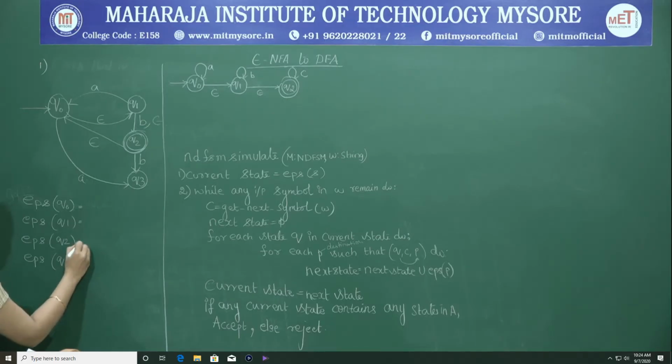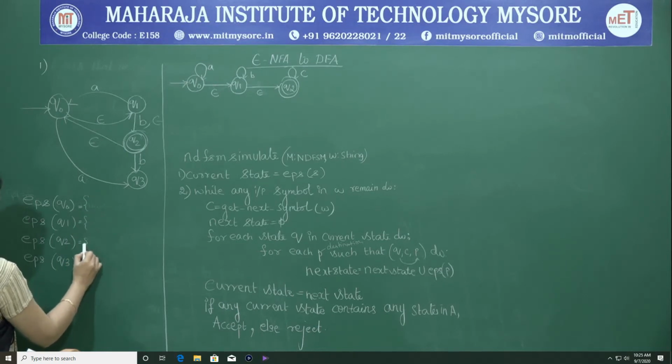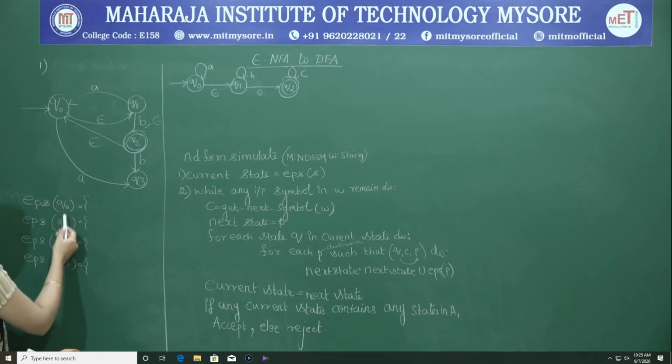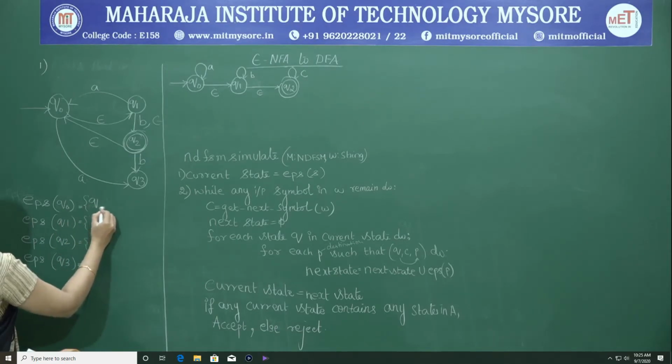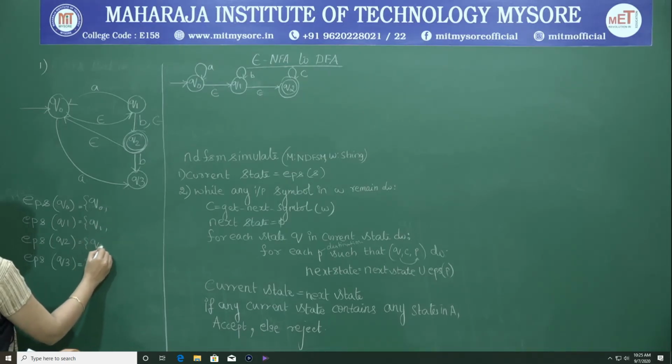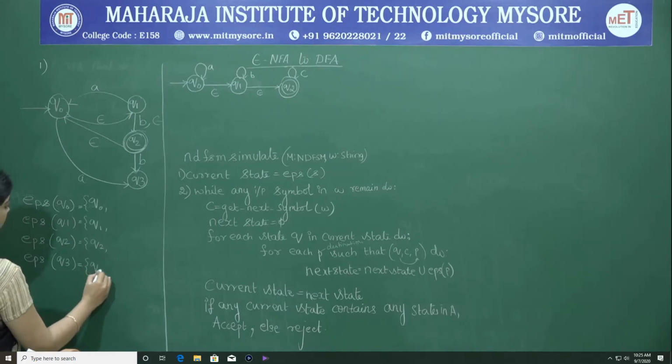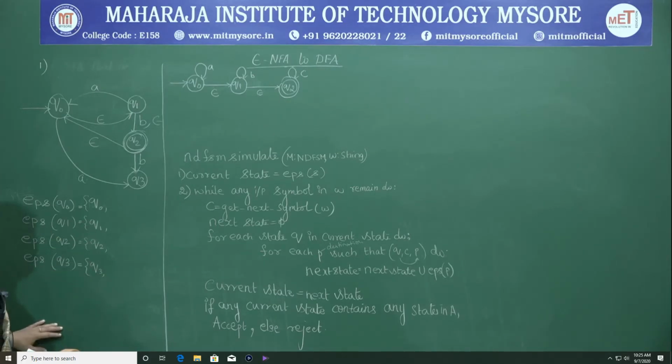We will stop here. So the meaning and the first thing to remember is when we are representing the sets of all the states which are reachable over epsilon from Q0, Q1, Q2 and Q3, Q0 is always included in that set. Q1 is reachable from Q1 itself, Q2 is reachable from Q2 and Q3 is reachable from Q3. So we will have to remember these things.